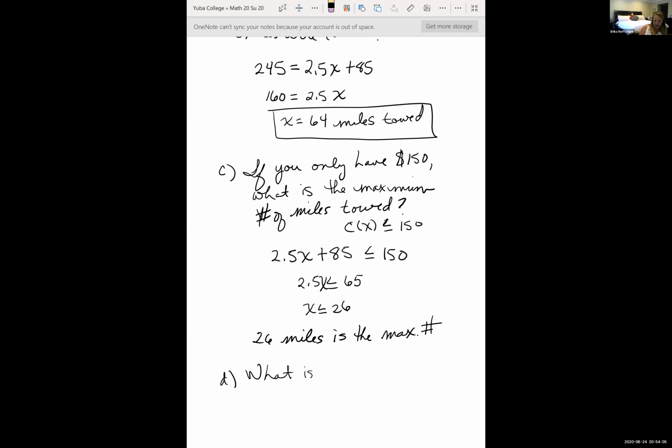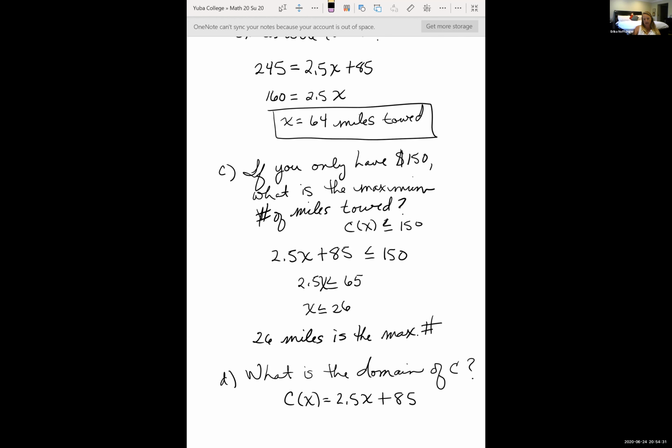What is the domain of C? Okay, but I have to be careful because this is looking at an application problem.